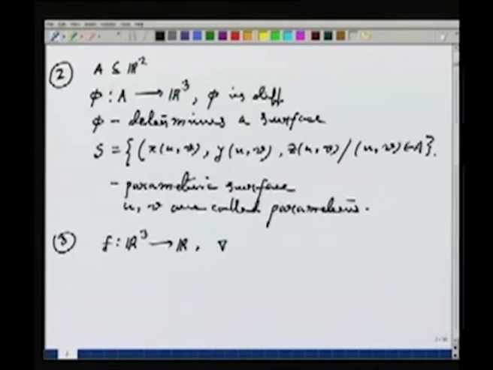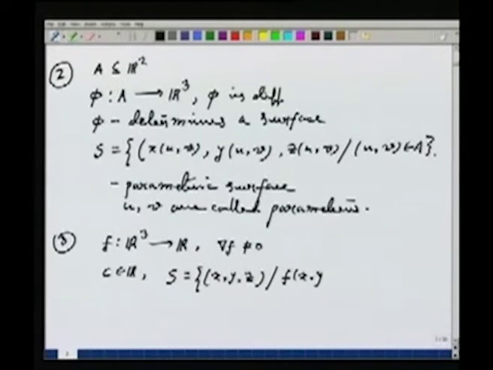The condition is that the gradient of f is not equal to 0 at all points. Okay. Then I fix a constant c in R and I look at this set S, that is all (x, y, z) such that f(x, y, z) is equal to c.